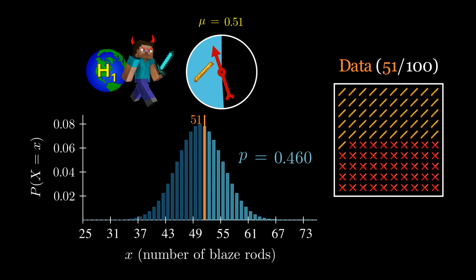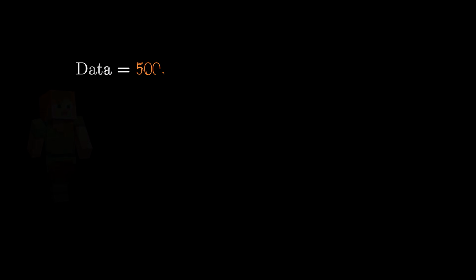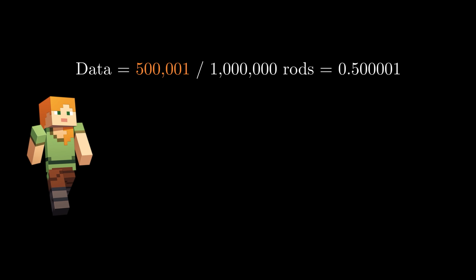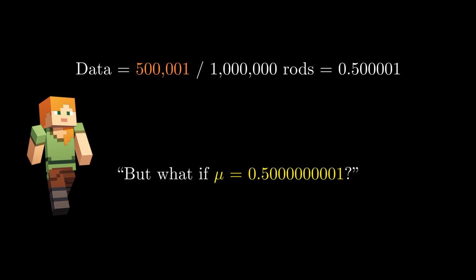We'd probably need to observe way more than 100 blaze kills before we had enough data to notice the difference from mu equals 0.5. In fact, no matter how close your data is to a probability of 50%, I could just claim that our friend changed it to an even closer amount. So to completely accept that mu is exactly 0.5, we need a large enough sample size to rule out even the slightest increase by our friend, which is impossible with a finite dataset.